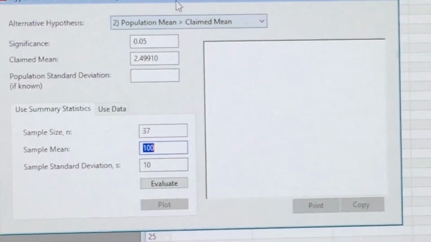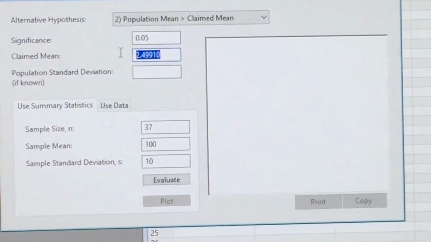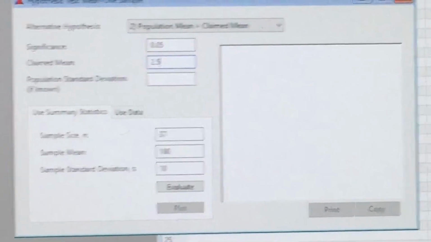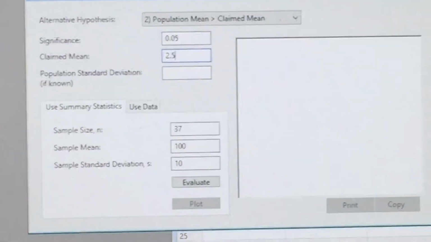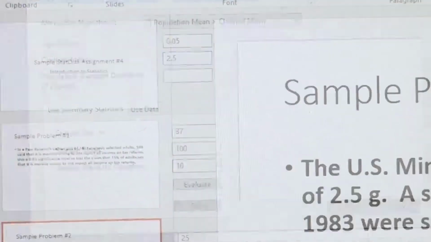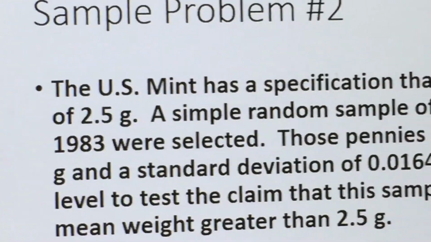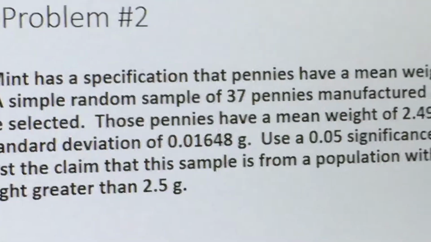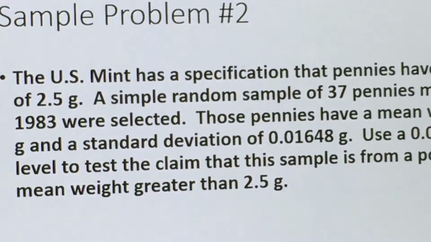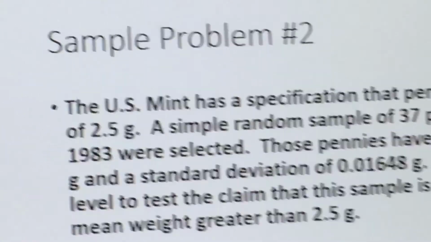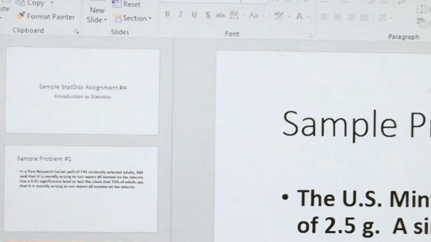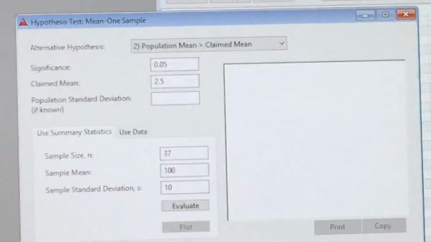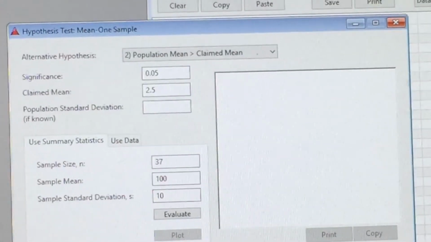Your claimed mean was 2.5. Okay, let me go back to that. As it says here, 2.5 grams. That's the claim, greater than 2.5. So now let's go back here, so I have to change that.